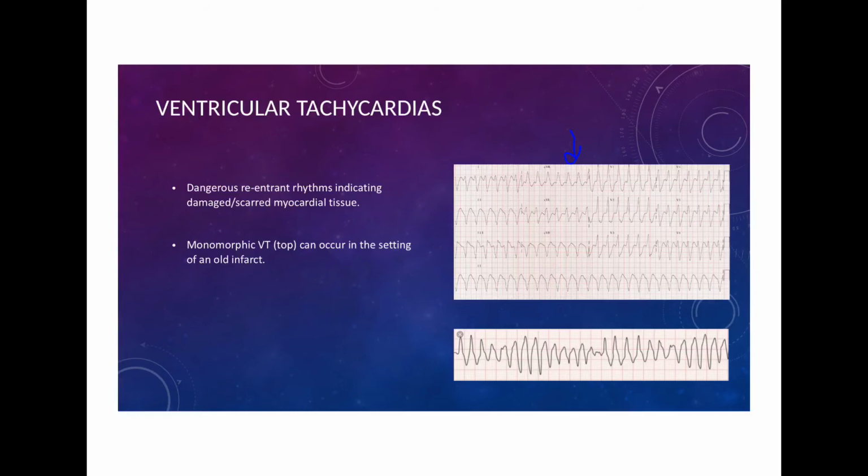Whereas polymorphic VT, which you see here, the QRSs are really wide, but they all look different. Now, if this occurred in the setting of a long QT interval, that's what we'd call torsades. But if the patient actually had a normal QT at baseline, then you might see this after an acute MI. And it's one of the most dangerous rhythms that tends to lead to sudden cardiac death in those patients.